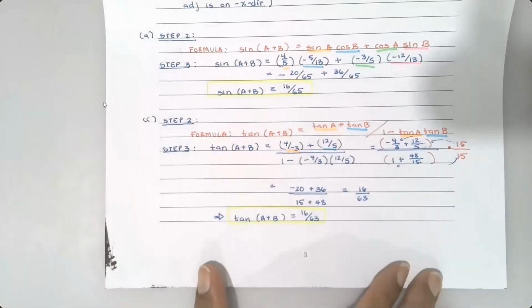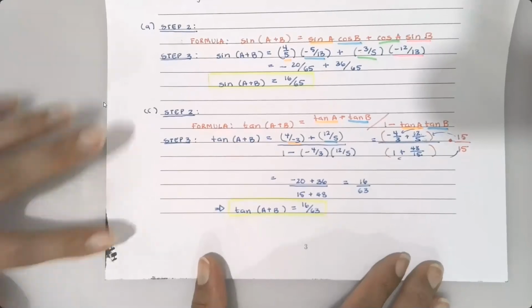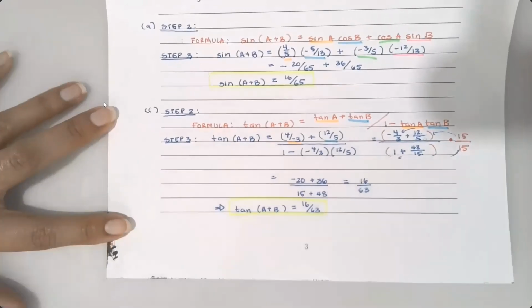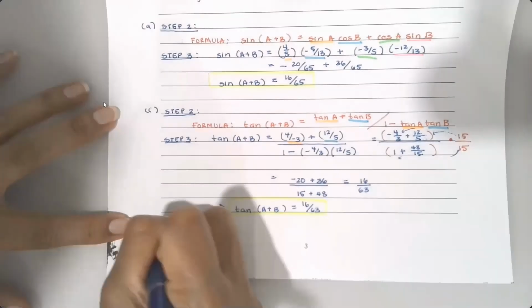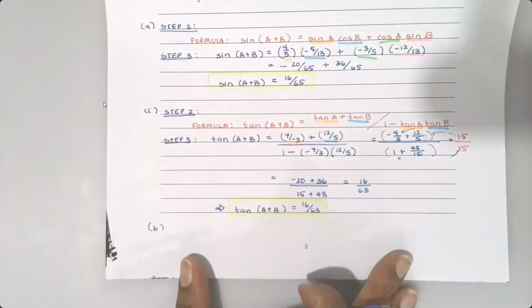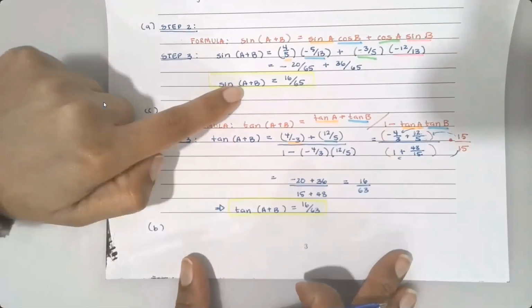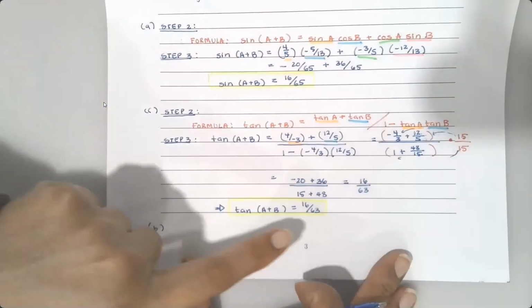All right. Any questions there? Right, now we have one last step, the quadrant of a plus b. What is the quadrant of a plus b? Well, the key here is to notice that the angle a plus b has a sine function that is positive and a tangent function that is also positive.